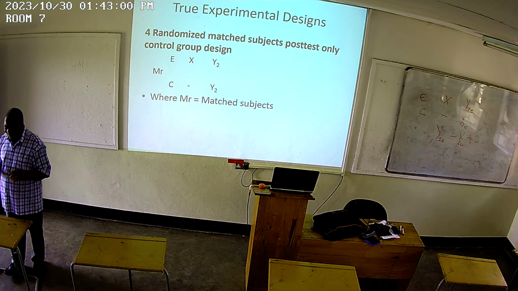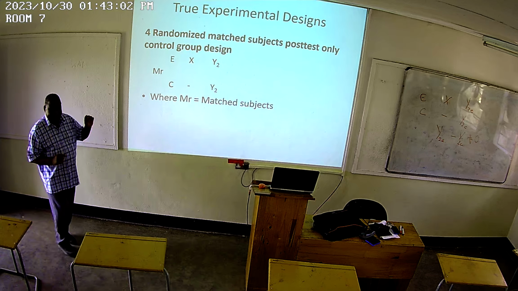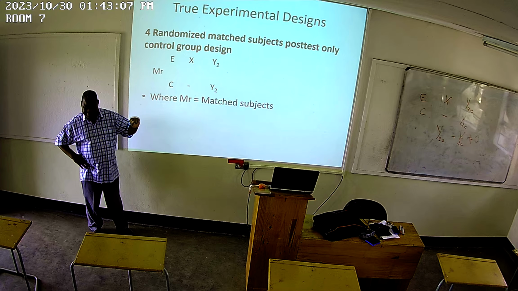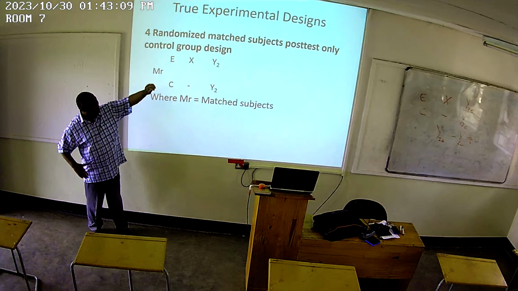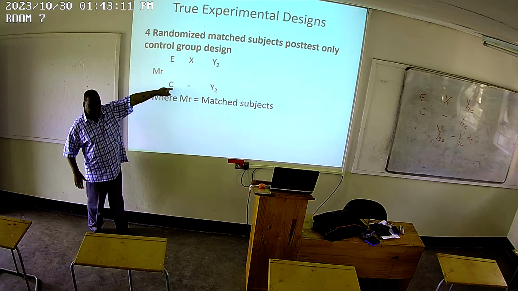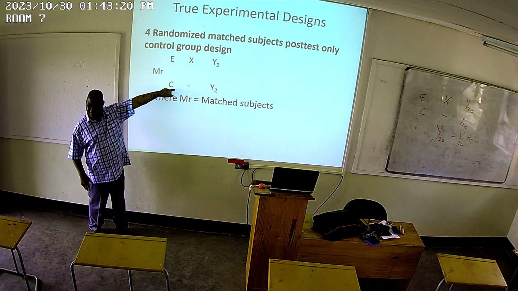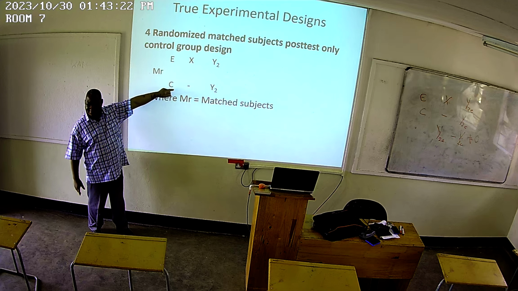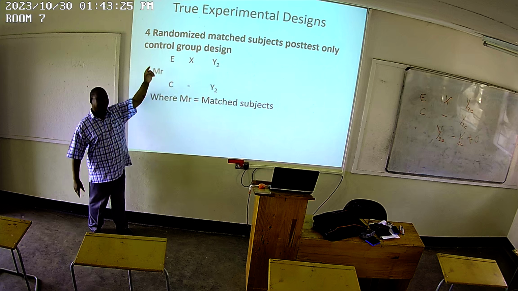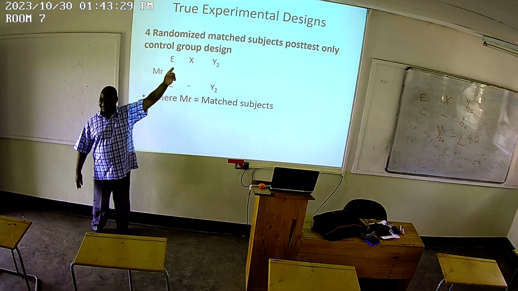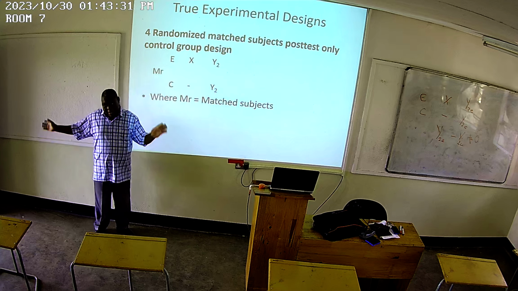After matching those pairs, you take each pair and assign randomly: 1 to the experimental, 2 to the control. You take the pair of 3 and 4: 4 experimental, 3 control. 5 and 6: 5 control, 6 experimental. 7 and 8: 7 experimental by random.